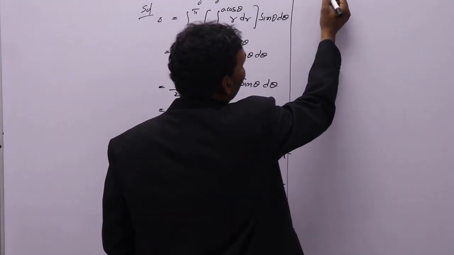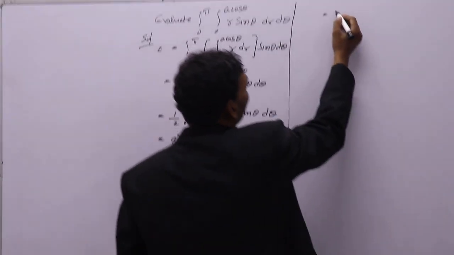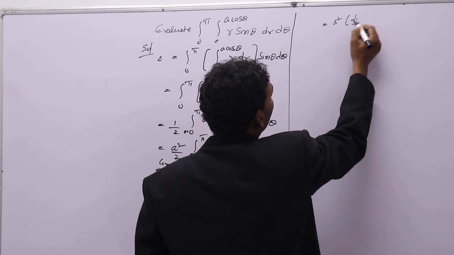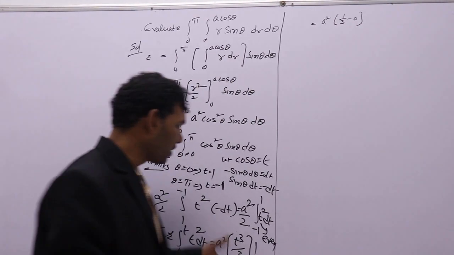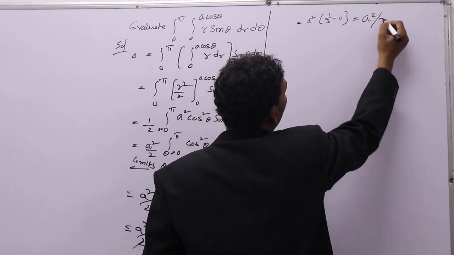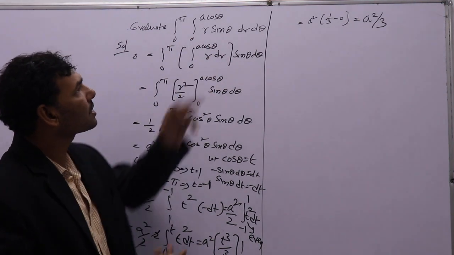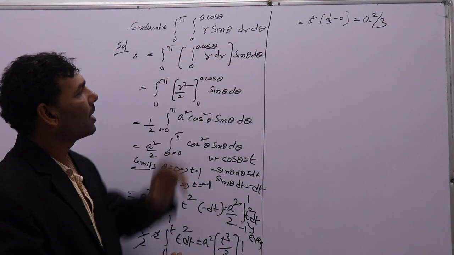So finally, write in the place of t 1, then what you will get? 1 by 3 minus 0. If you write 0, then the answer is a square by 3. Right? This is the answer for this evaluation.